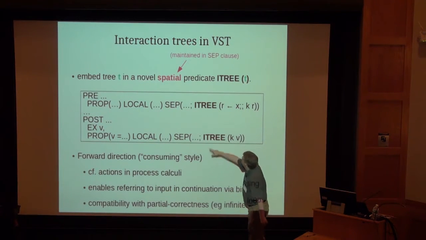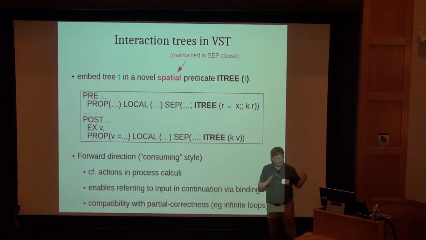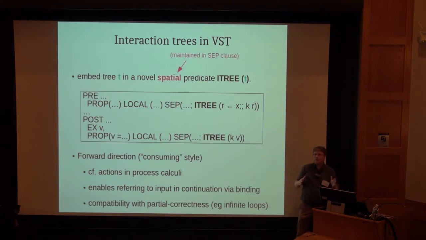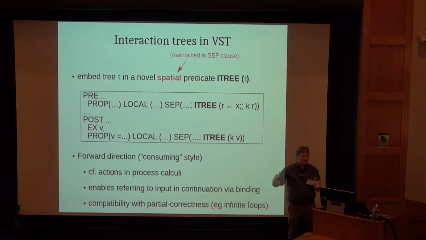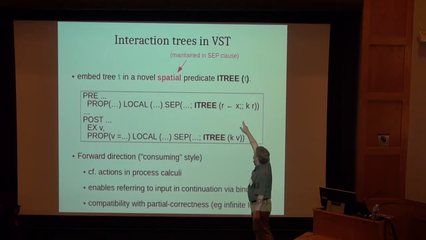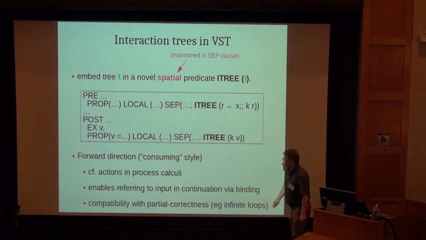So this is the consuming style rather than a constructive style where we would monitor or build up a trace of events that have happened. And this alternative, the more complex terms, would show up in the postcondition.